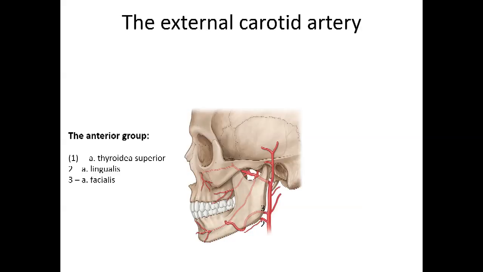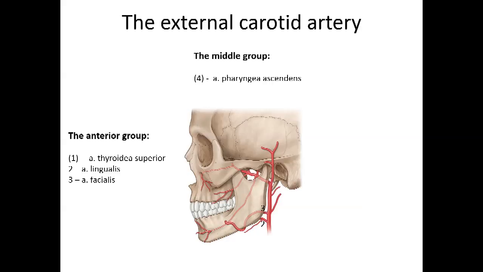And now, when we finished the anterior group, next group is middle group. Middle group also consists of 3 vessels, and first of them, number 4 in parentheses here, arteria pharyngea ascendens. Why in parentheses? Because it isn't demonstrated in this picture.